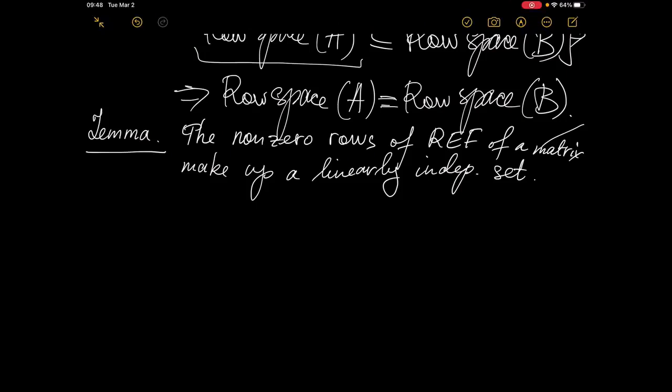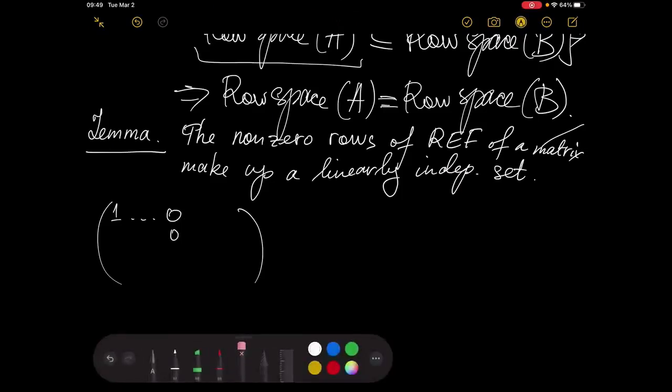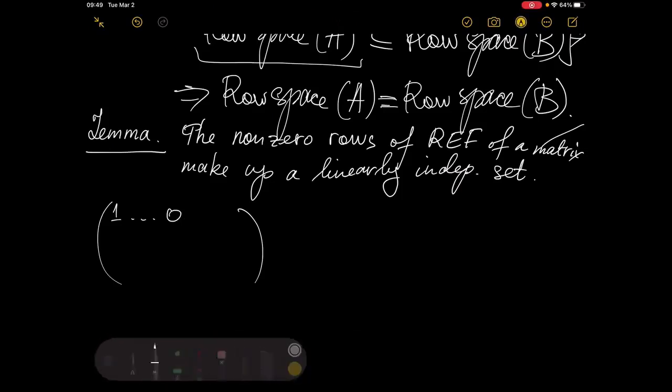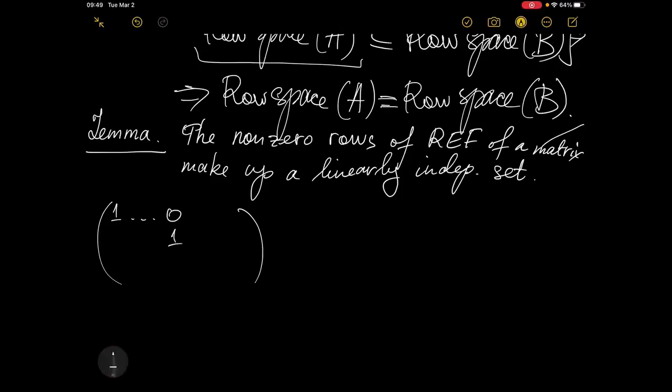We can continue to the reduced row echelon form, and then we will get something like this: 1, 0, 0, then another leading one, the next leading one, and so on.